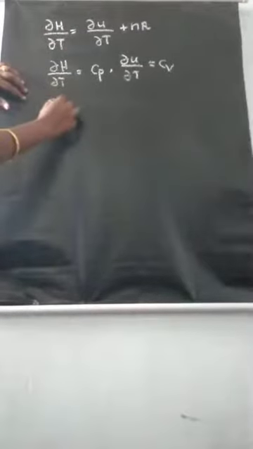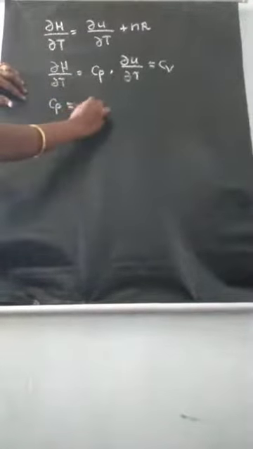At the same time, dou U by dou T is CV, heat capacity at constant volume. Substitute these values. CP is equal to CV plus nR.